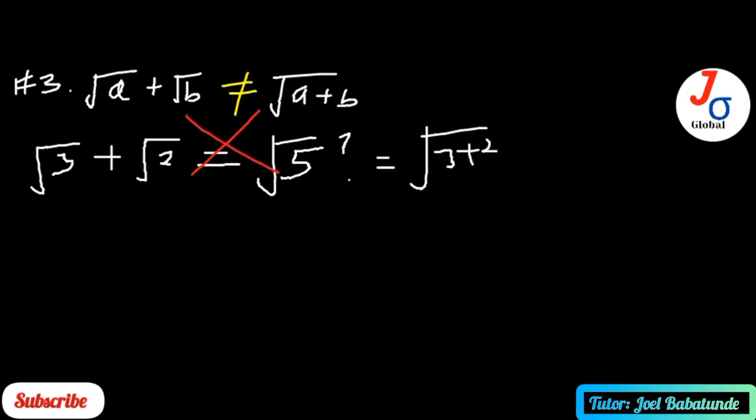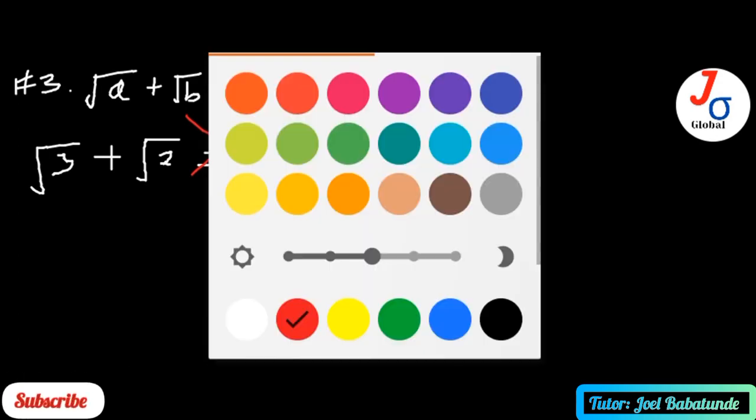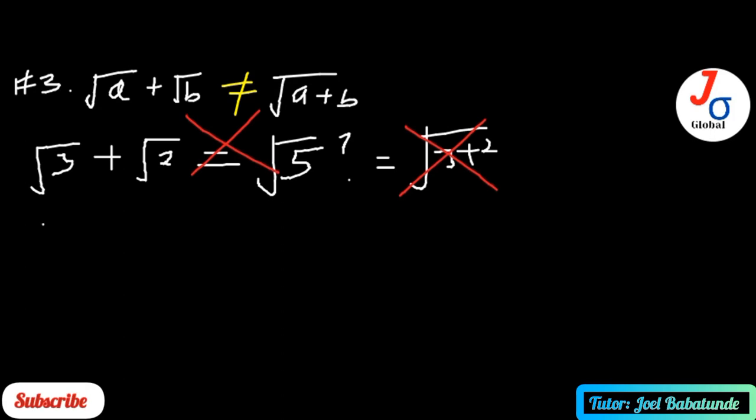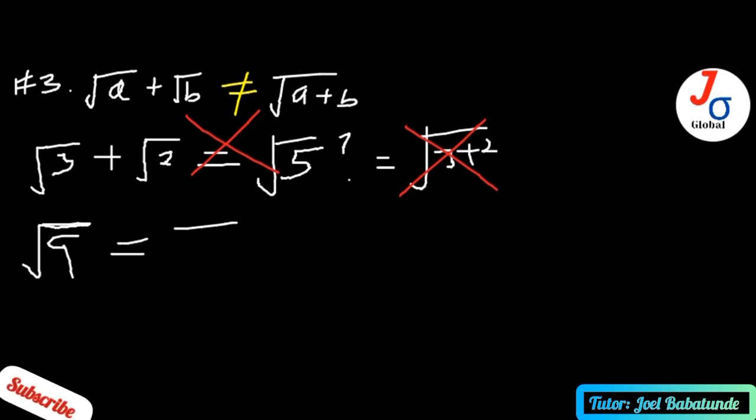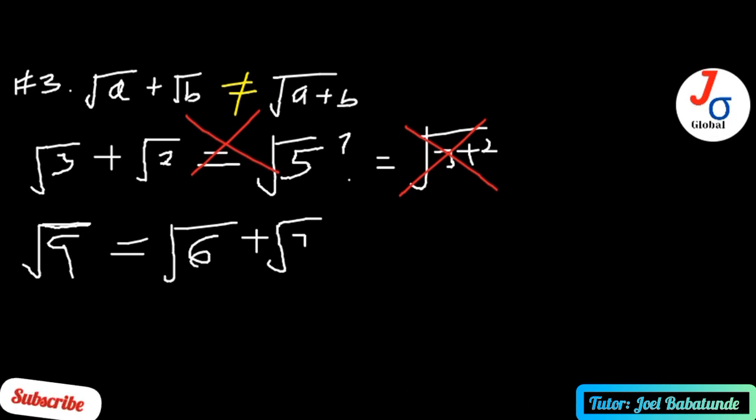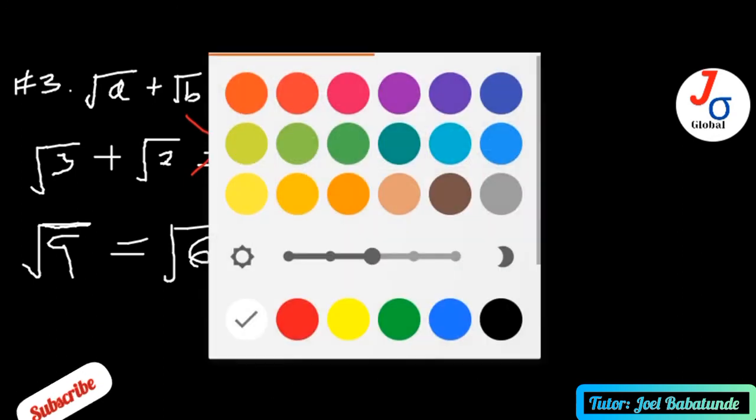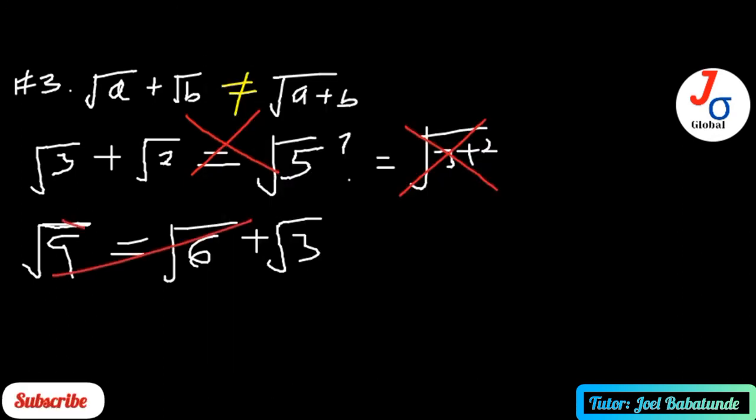You can't say that. What about, can you say root 9 is equal to root 6 plus root 3? The answer is no, you can't do that. So that's what the third law basically says. You can't add these operations together.